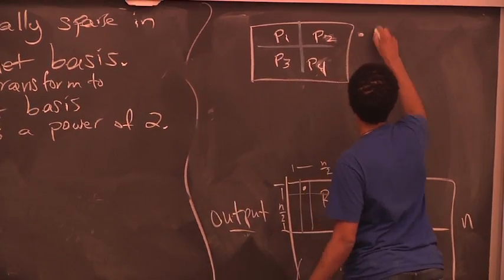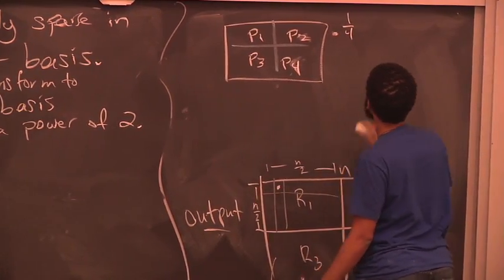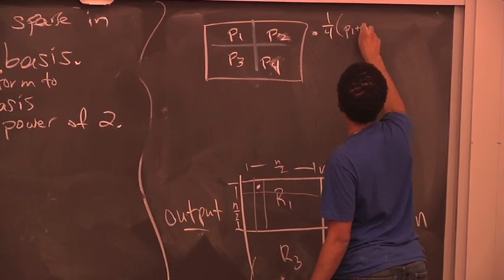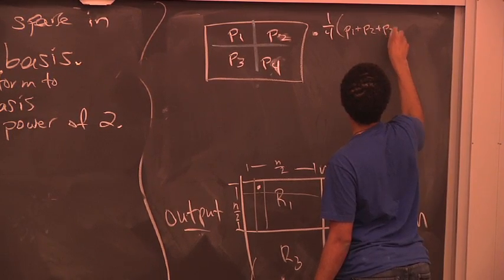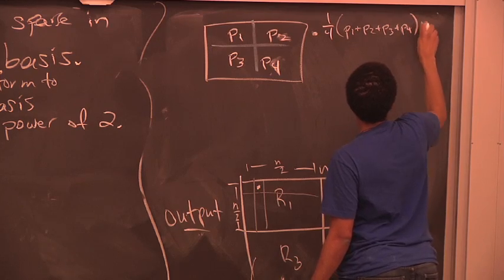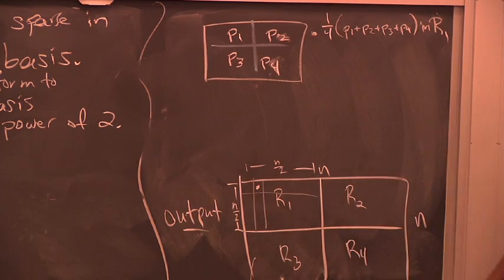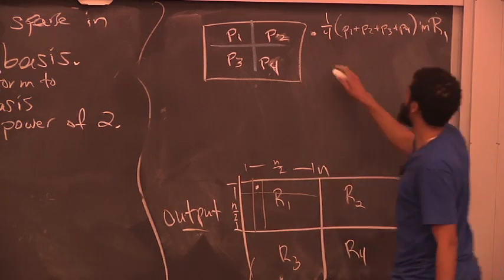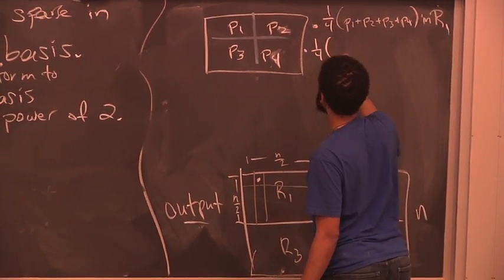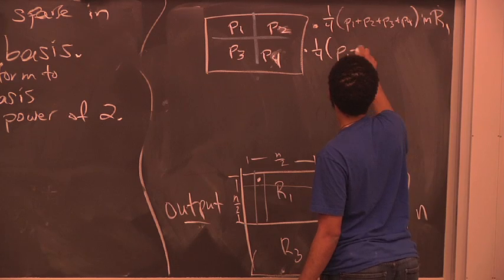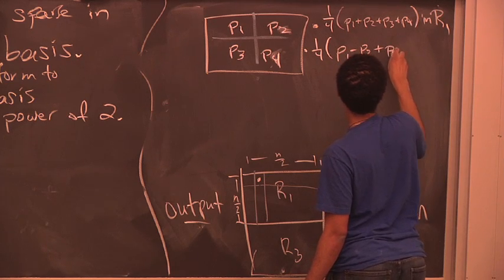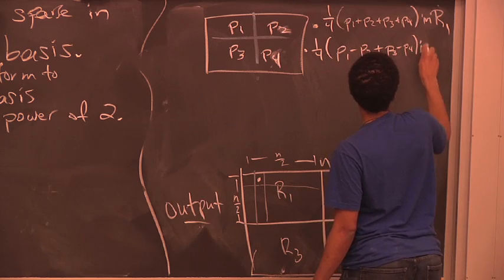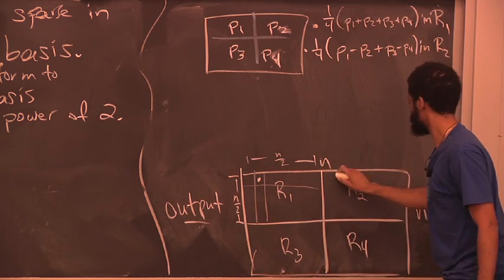What I'm going to do is put 1/4 (P1 plus P2 plus P3 plus P4) in that spot. I'm going to put 1/4 (P1 minus P2 plus P3 minus P4) in this spot.